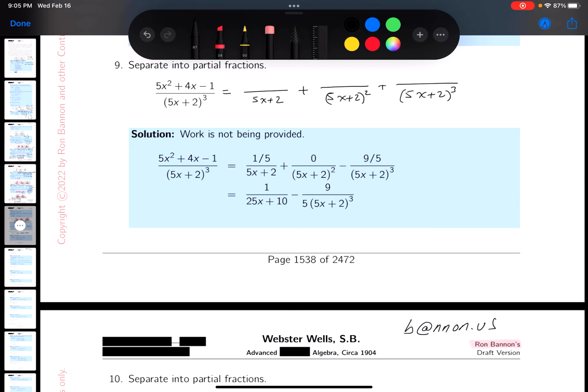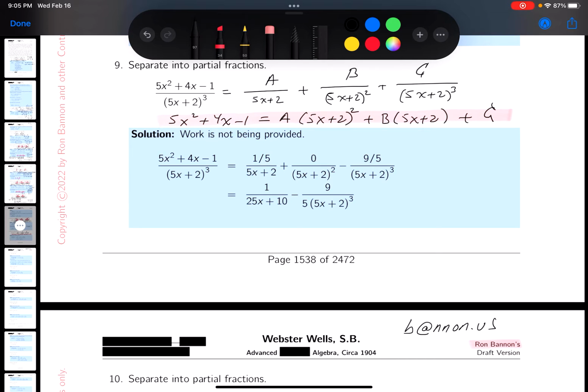Let's say A, B, C. I don't know them. All right, so what do we do? Multiply both sides by the LCD. What do you get? 5x squared plus 4x minus 1 equals A times (5x plus 2) squared plus B(5x plus 2) plus C. Well, again, my goal here, and I want to point out again, we're using this equation over here.